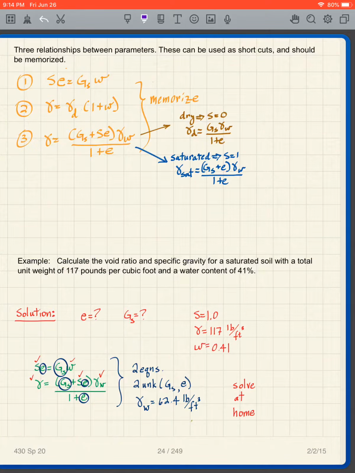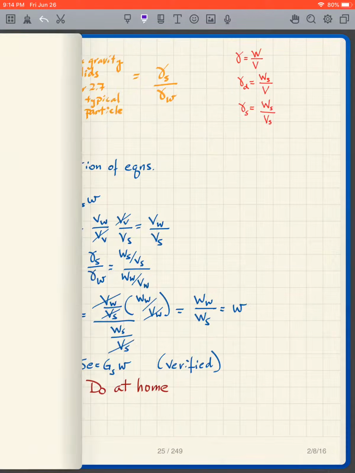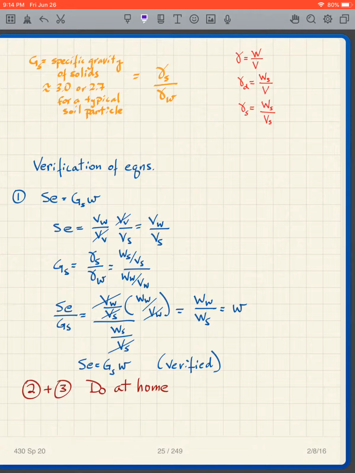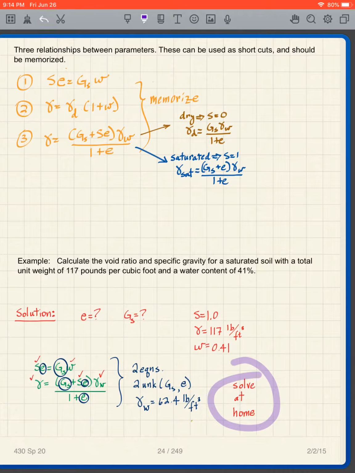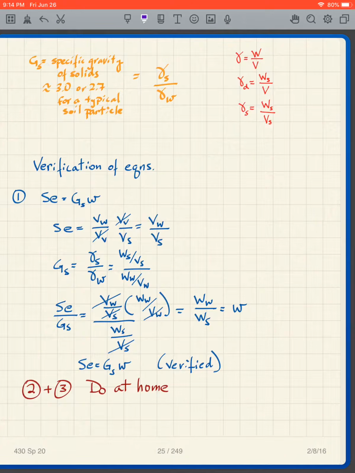Very straightforward. I don't have to think about it a whole lot. So, basically I've asked you to solve this at home. Notice that we have to use that gamma w is 62.4 pounds per cubic foot. Okay. All right, I'm going to stop there.